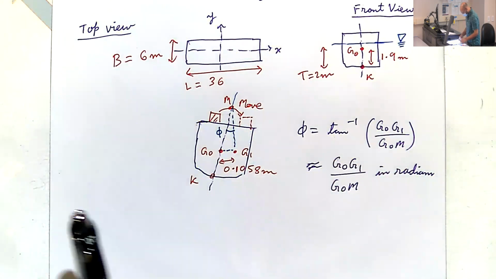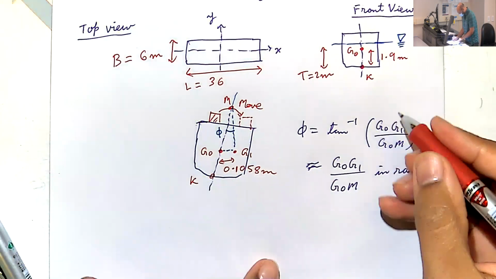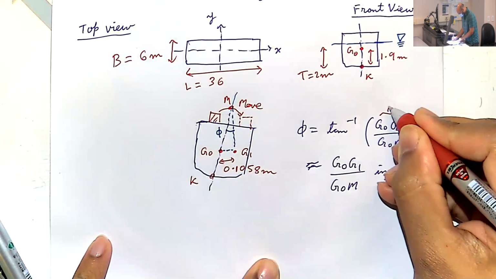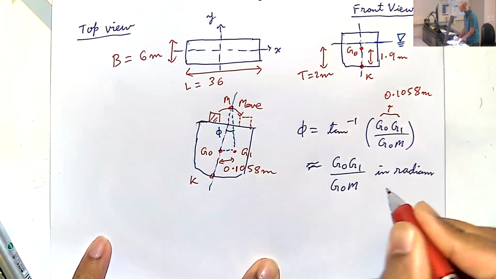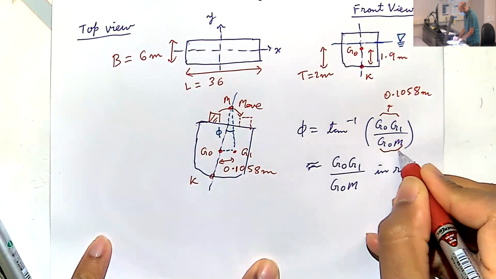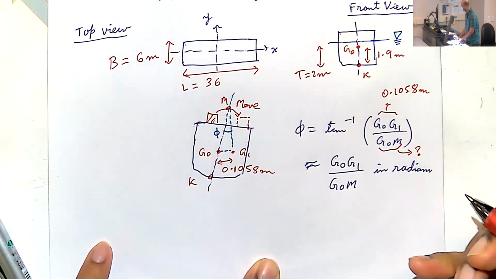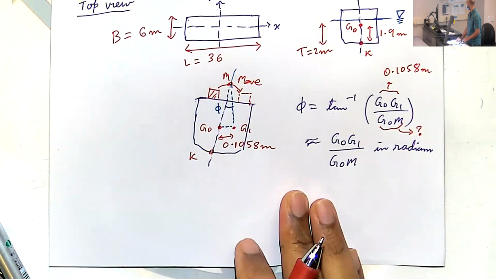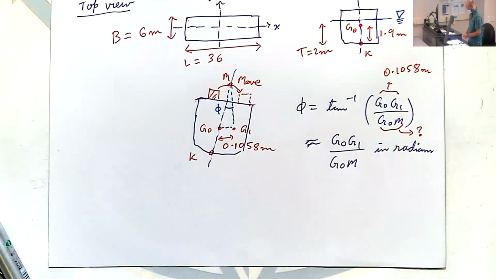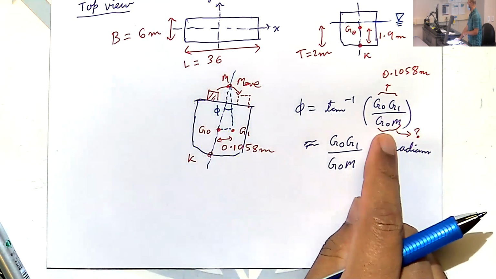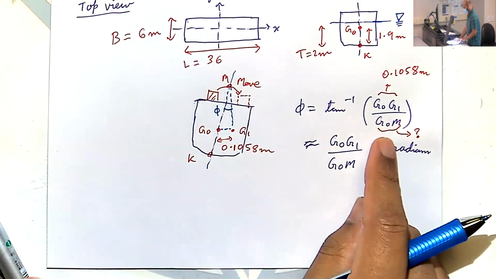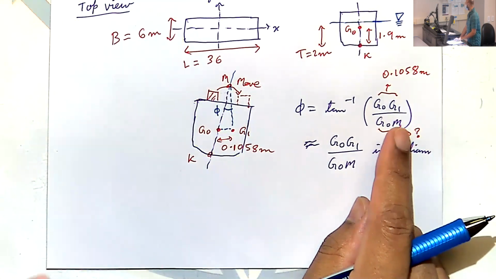G0G1 is given to us: 0.1058. G0M we don't have. Do you remember how to compute G0M? We did examples in previous classes. That's the initial stability.